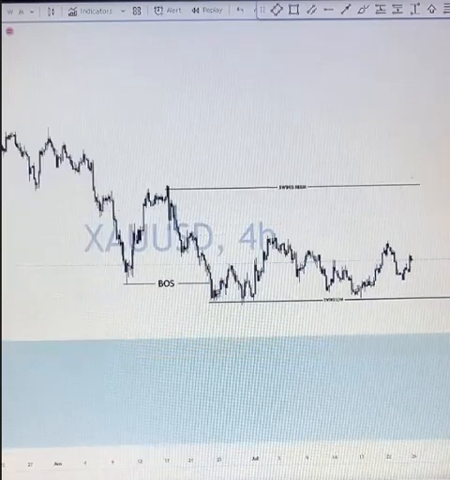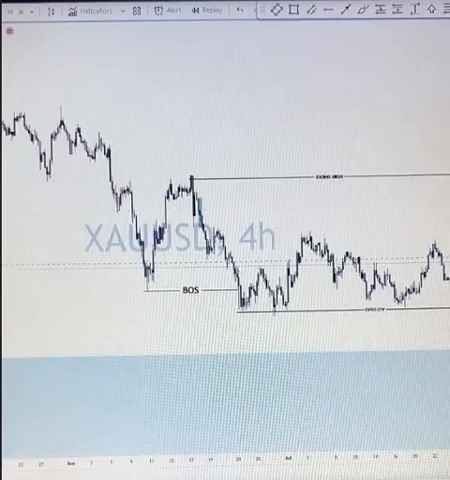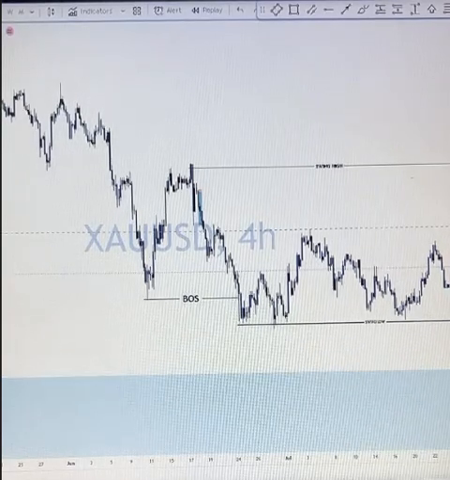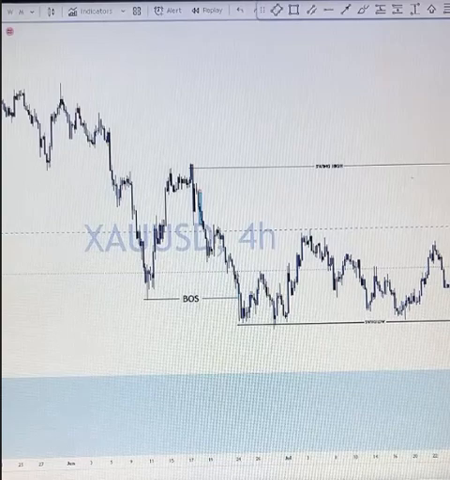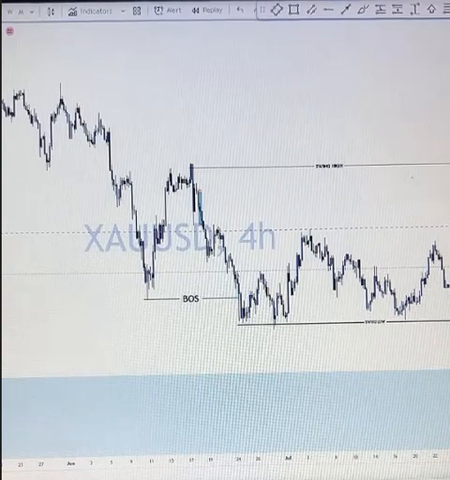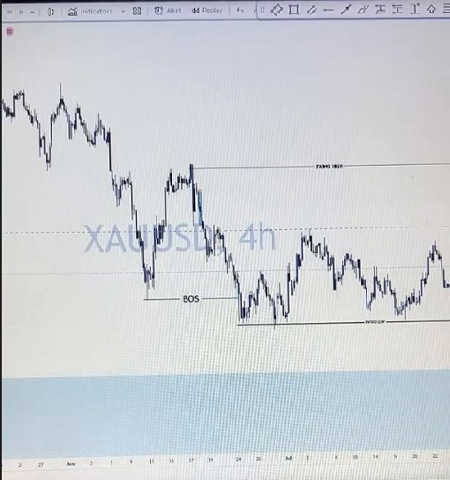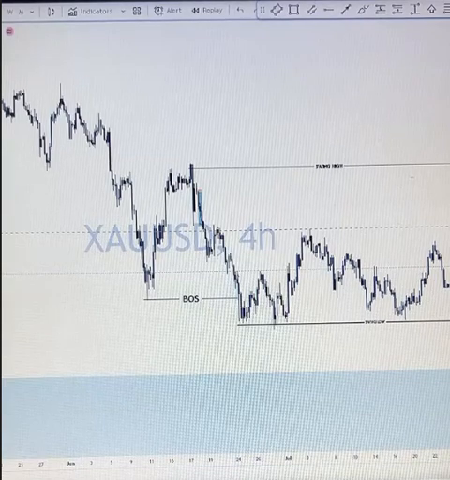All right, so after we've gotten our breakout, what do we do next? Anybody? What do we do next after we've identified our breakout?